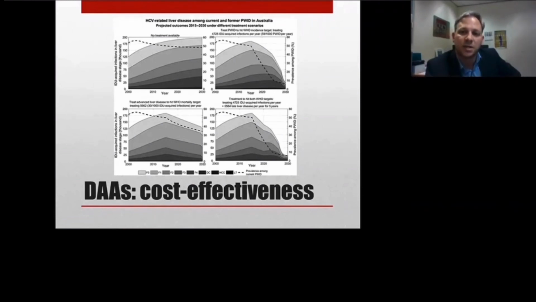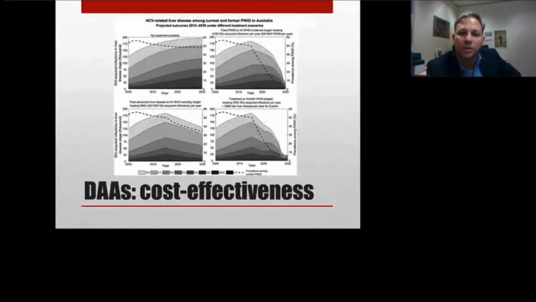So top right graph, bottom right graph, treating about 5,000 IDU-acquired infections per year, Australia-wide, but also 5,000 late liver disease each year for the next 5 years.